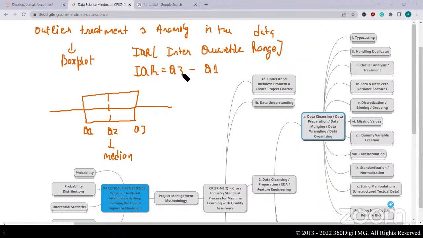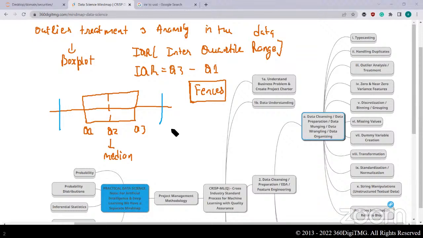After getting this IQR, we draw something we call fences. These fences are like boundaries that split the data between outlier data and non-outlier data. So you draw these boundaries on either side. You draw them here and you draw them here. Now let's say we have this left fence. How do we draw this left fence?